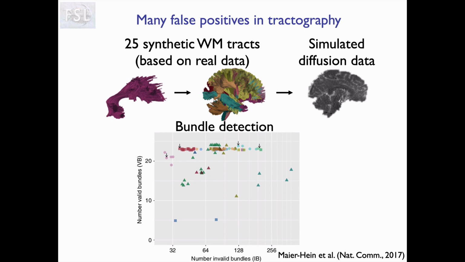And then they gave this simulated diffusion data to a lot of different groups around the world, running their tractography algorithms. And the general good news is that most of those tractography algorithms were able to reconstruct all or nearly all of the actual white matter tracts that were put in. But the bad news was that the vast majority of tracts they actually reconstructed, more than twice as many as the true tracts, are false tracts, which were new fiber bundles which were actually not in this data set.